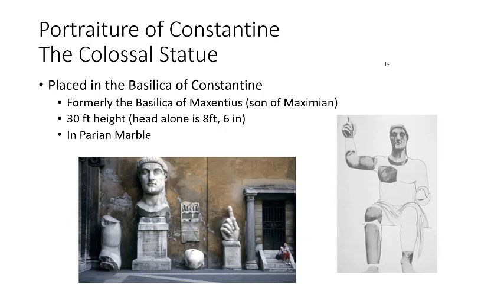Formerly it was the Basilica of Maxentius, the son of Maximian, basically someone who has been vanquished by Constantine. The head itself is 8 feet 6 inches. The height of the whole statue would have been like 30 feet, and it's all made of Parian marble, i.e. marble that was imported from the Cycladic island of Paros.